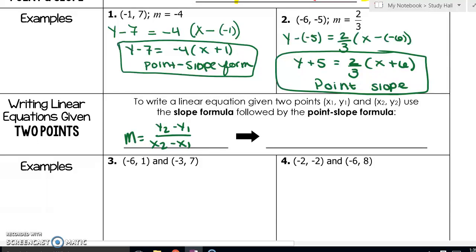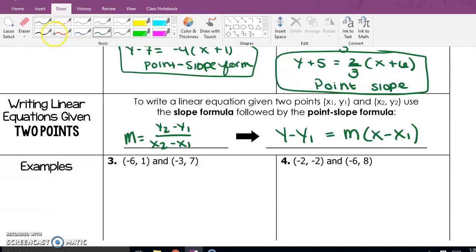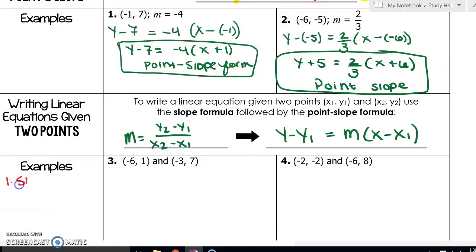And now that you have a slope and a point, 2 of them actually, but you have a point and a slope, then you can use point slope form. So let's try that. Step 1 would be to use the slope formula. And step 2 to use point slope form.